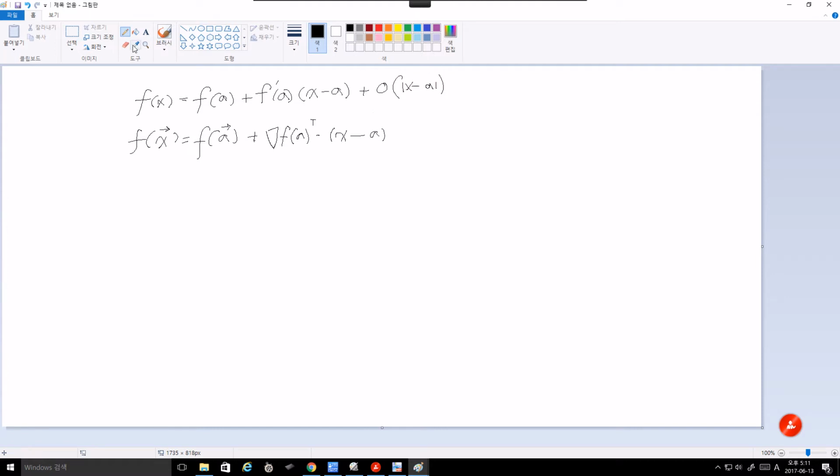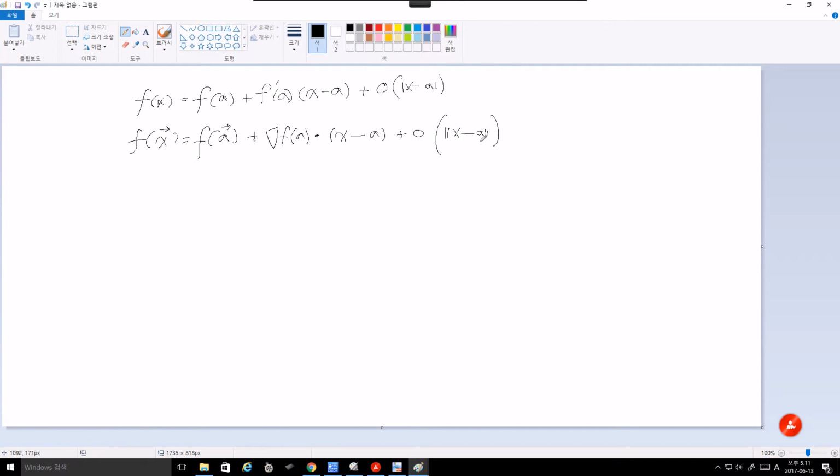Actually, I'm wrong. It is not a transpose. It is just element by element, since it is a vector, like an element by element operation. And here for the error term we need a 2, because now it is the distance between two vectors, so I put a 2 on the norm.